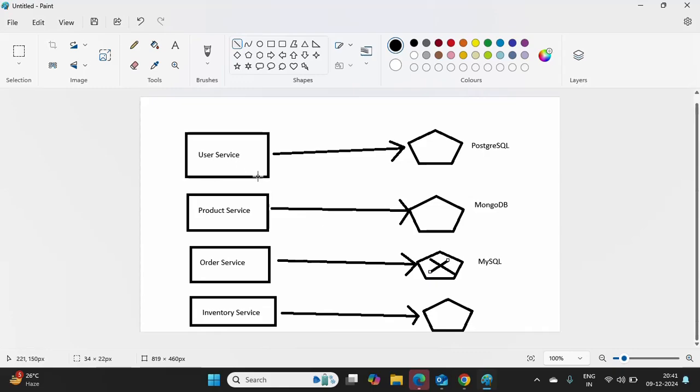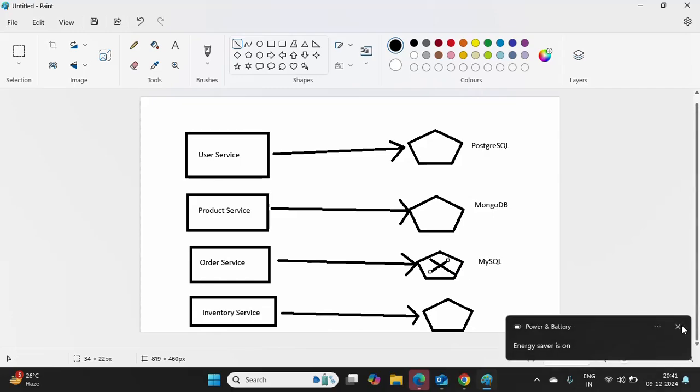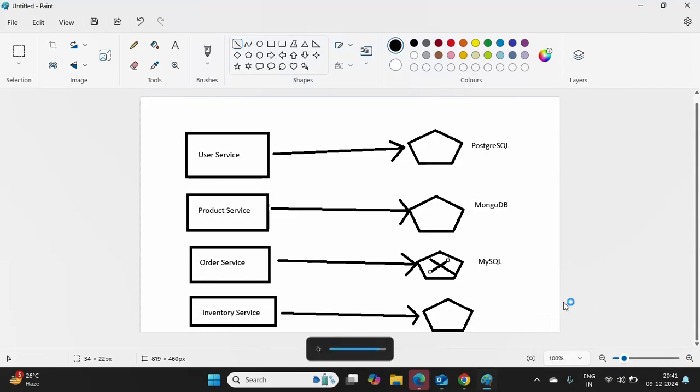That means the user can still log into the application and see the products, but the only thing is they cannot make orders. Why? Because I have an issue only with this one. If you go with the normal monolithic application with a single database pattern, once it goes down, the entire system goes down. But here it is fault tolerant. That means if one database goes down, the rest of the system stays up, with much less effect.